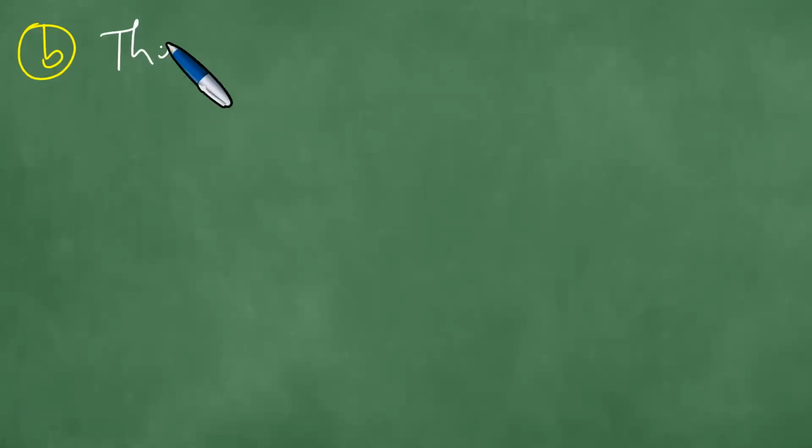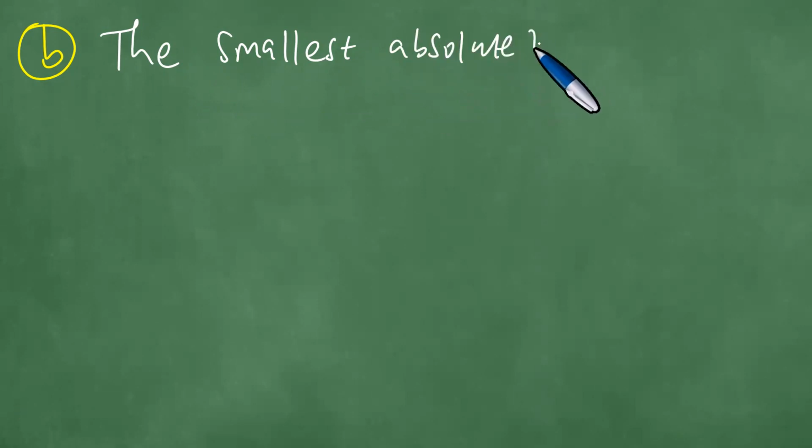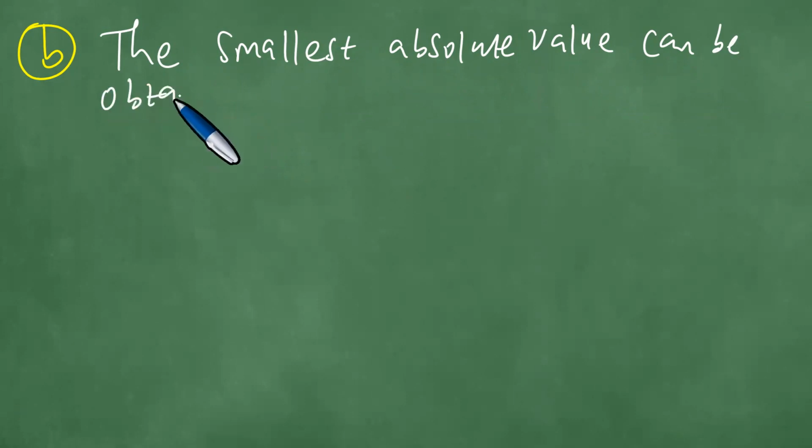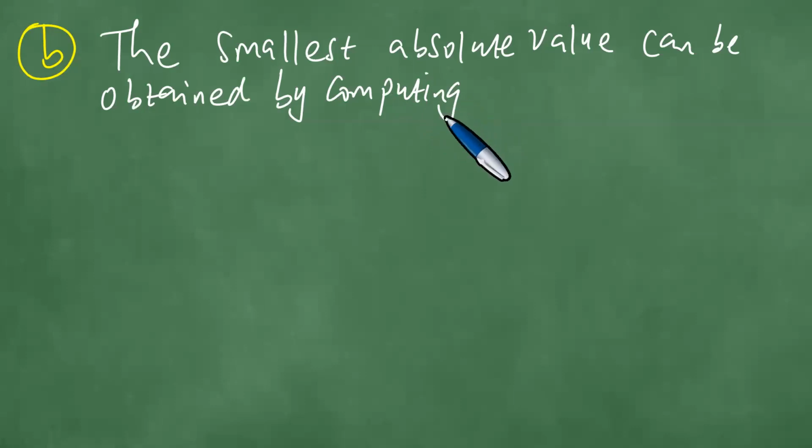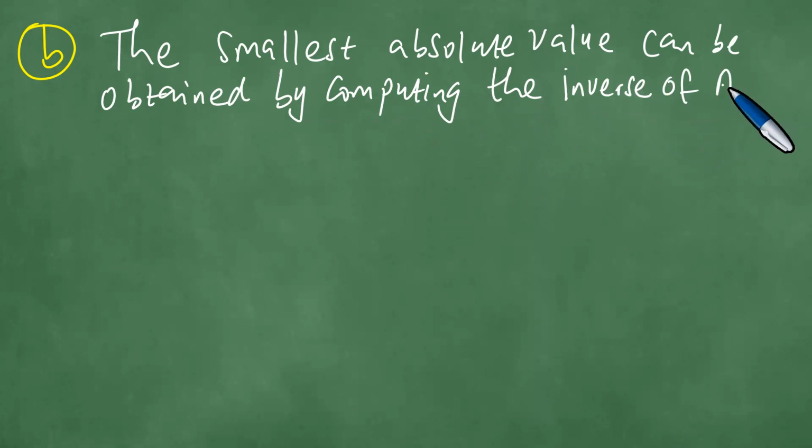But there's a remark here that the smallest absolute value can be obtained by computing the inverse of A. Now we're dealing with the smallest one because we dealt with the largest one in terms of the magnitude, but now we're dealing with the smallest one.